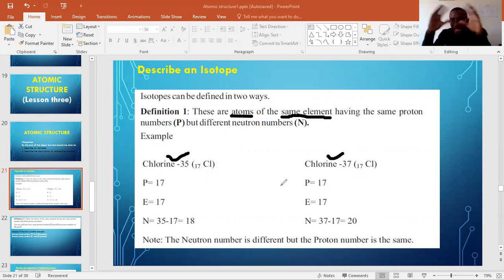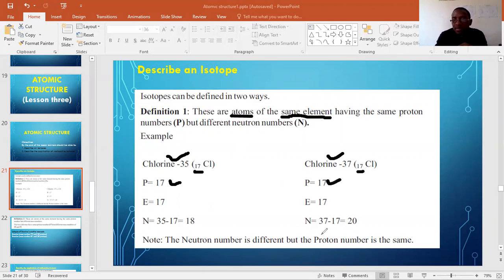In the element chlorine, it happens that you have an atom of chlorine with a 35 and an atom of chlorine with a 37. But what is important about these two atoms is that they share the same proton number. If you look at the proton numbers, they both have 17.